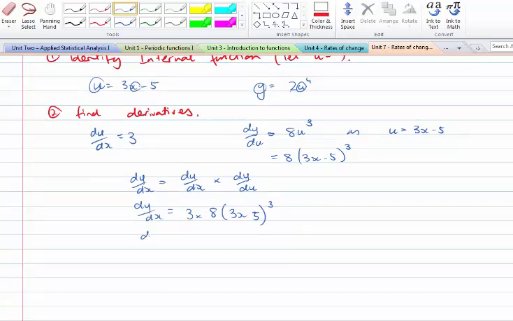So our derivative, dy/dx, or y', will be equal to 24(3x − 5) to the power of 3. There we have it, there's our derivative.